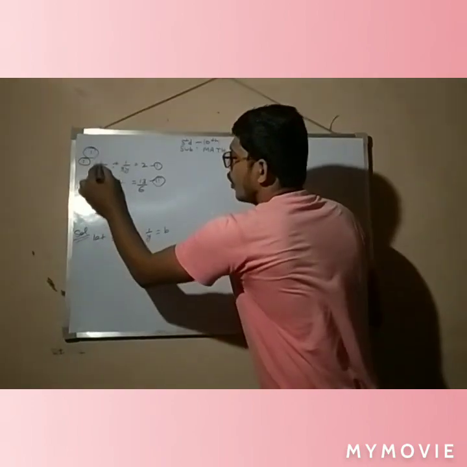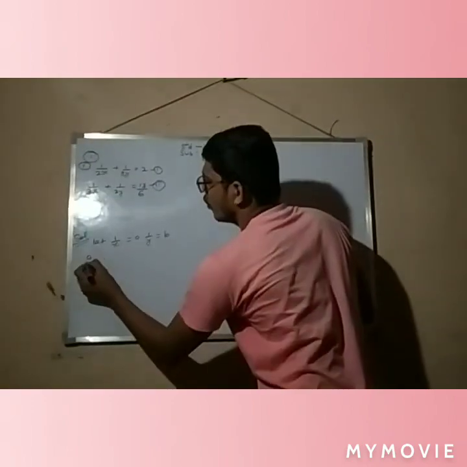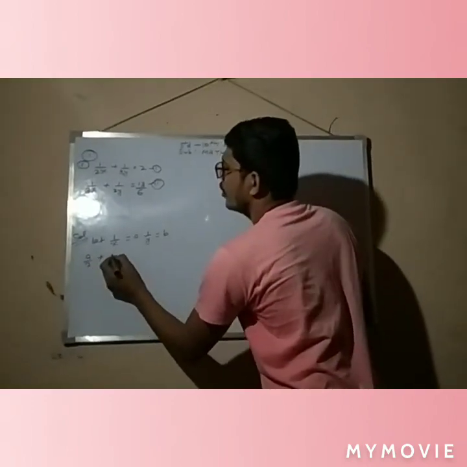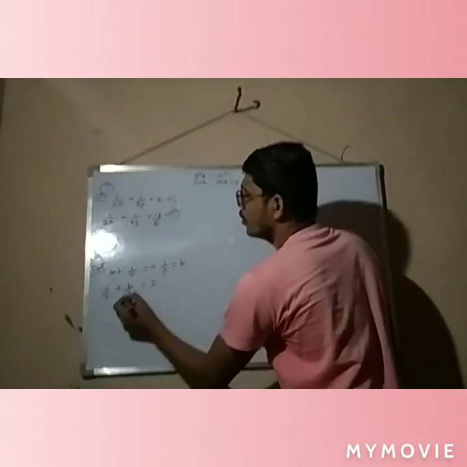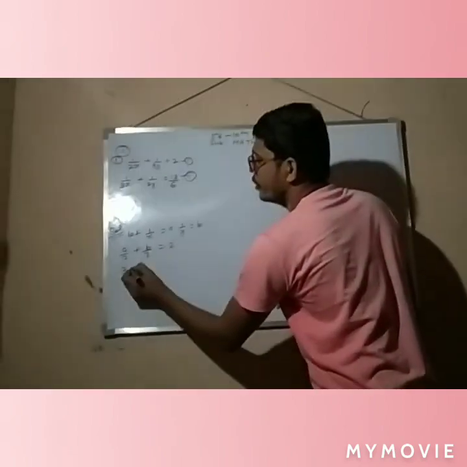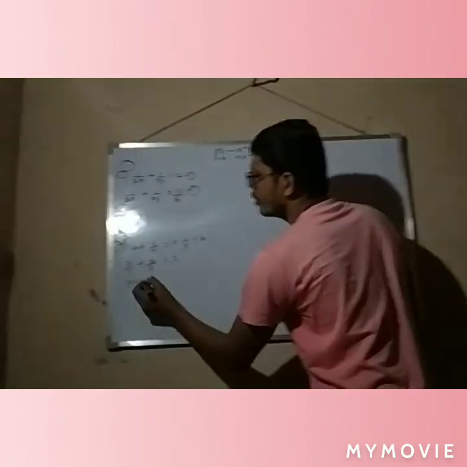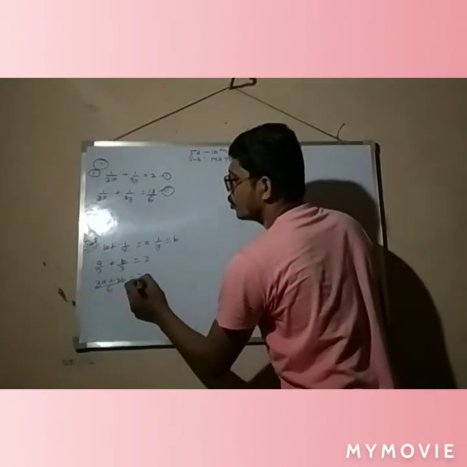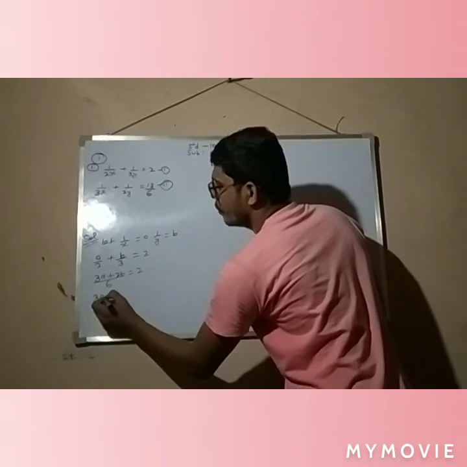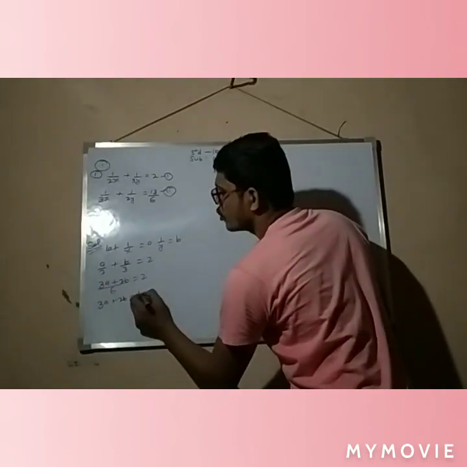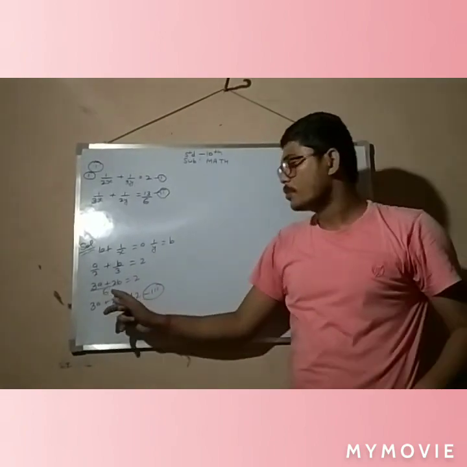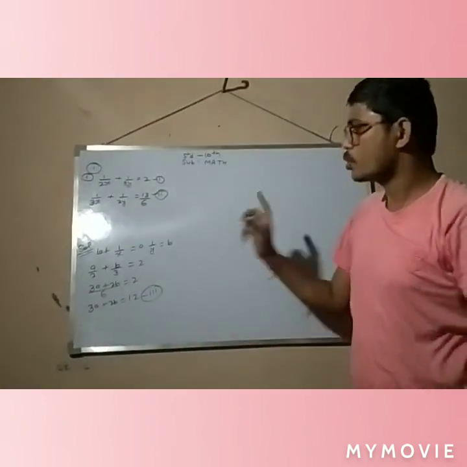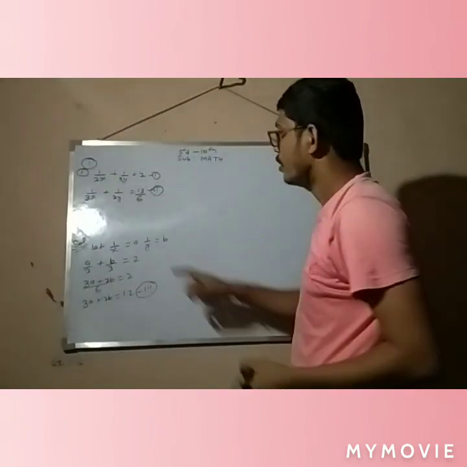So 1 upon x is equal to a. For equation 1, a upon 2 plus b upon 3 is equal to 2. By cross multiplying, 3a plus 2b upon 6 is equal to 2. So 3a plus 2b is equal to 12. Here the divide, transferred to the right side, will become multiply. So this is equation number 3.